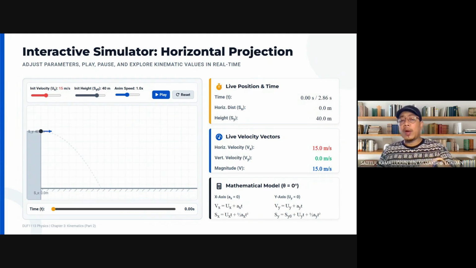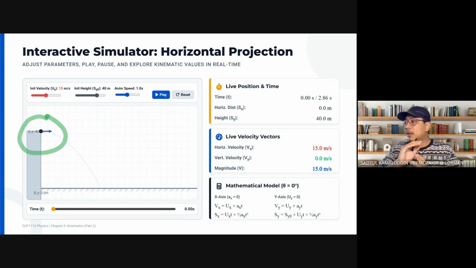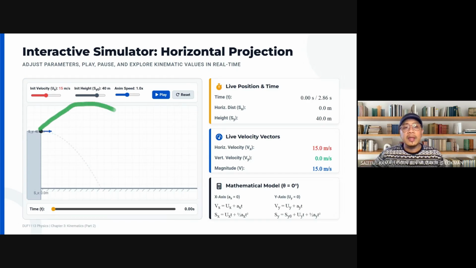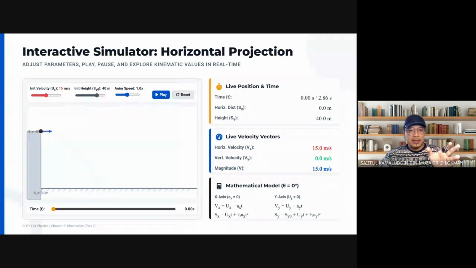Because our UY over here is 0. The ball doesn't move up and down. Look again carefully at this image. The ball is kicked directly to the right, not kicked at a certain angle. No angle is given over here. If an angle is given, your ball will move like this. So for this case, the ball is exactly kicked rightward.